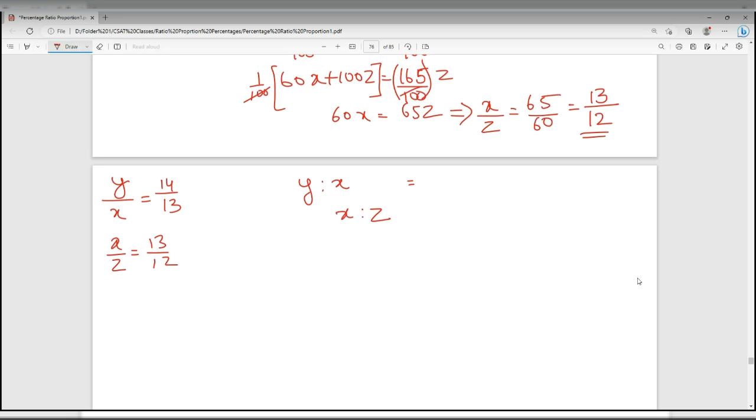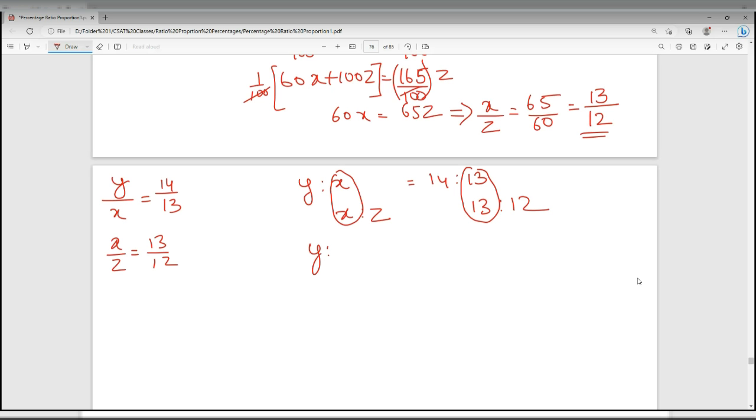This is equal to y by x is 14 is to 13, and then x by z is 13 is to 12. Now since this x is common, and here also 13 is common, we can just combine these ratios.